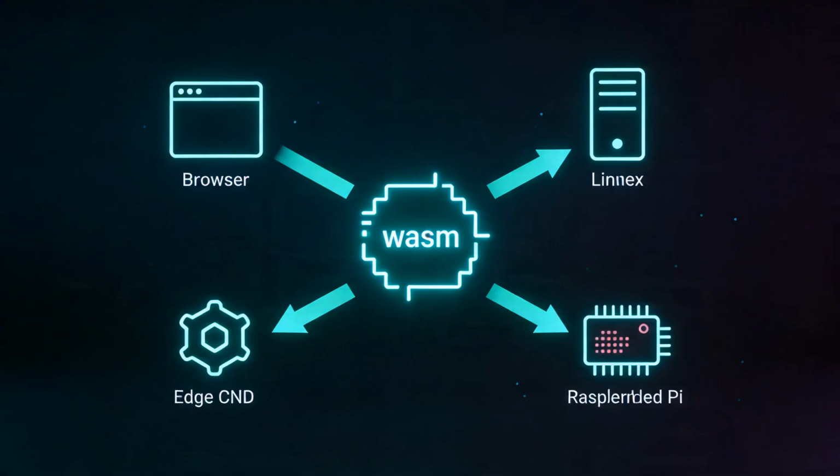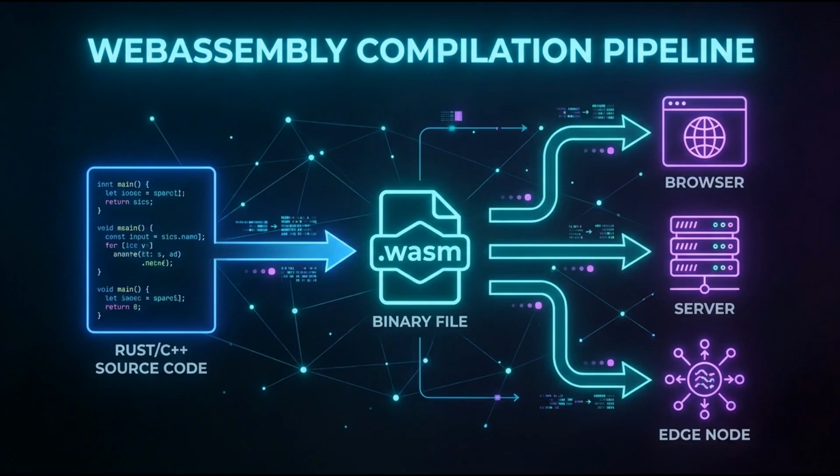So when should you actually use WebAssembly? Versus JavaScript: reach for WASM when you need CPU-intensive compute, image processing, video codecs, physics simulations, cryptography. For UI logic and DOM manipulation, JavaScript is still the right tool. Versus Docker containers: WASM modules are 10 to 100 times smaller than container images, start in under a millisecond versus Docker's seconds, and share no operating system surface area.